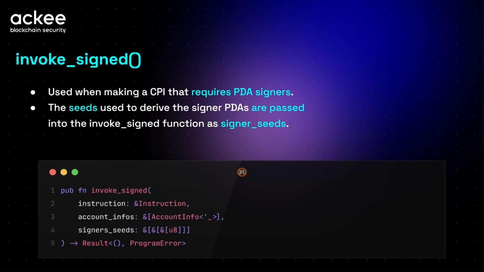That means this invoke signed to the instruction with the PDA can be called only by your program, because the program ID is automatically included by the runtime.